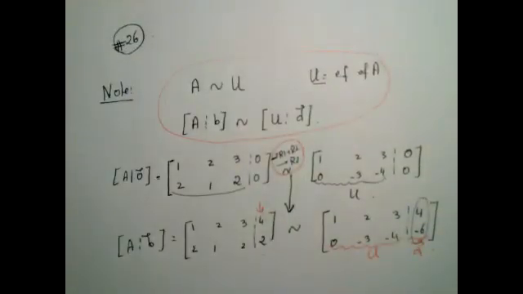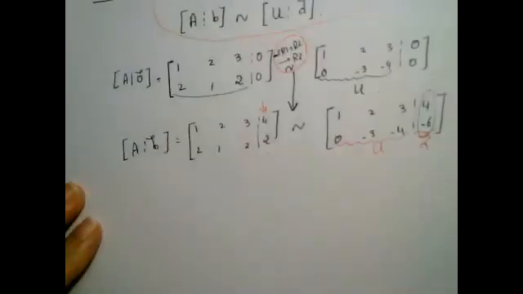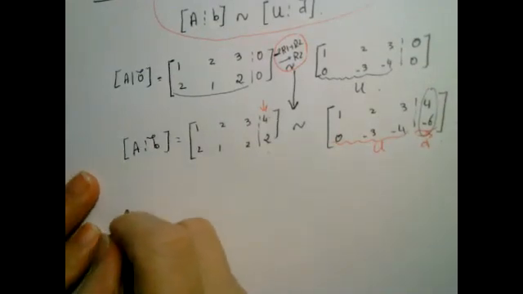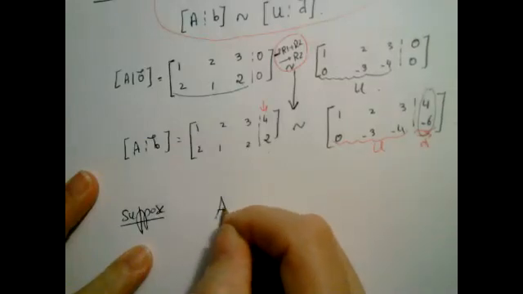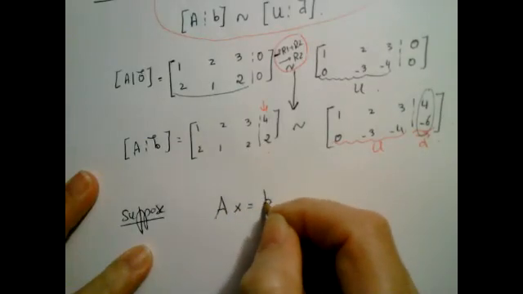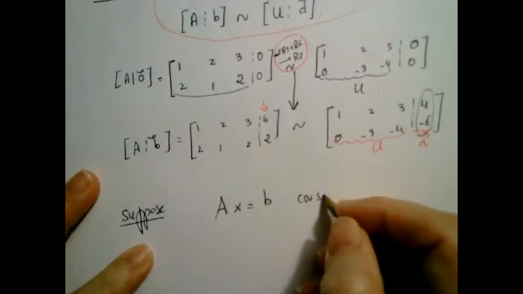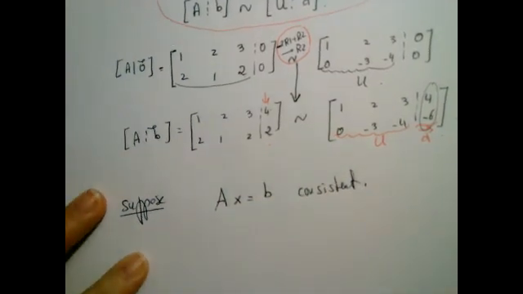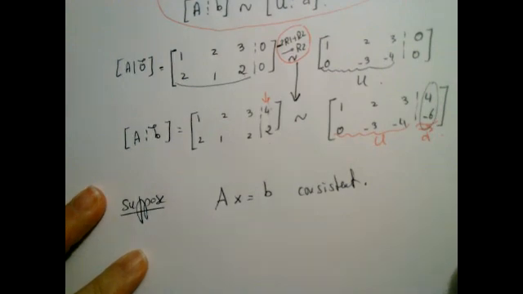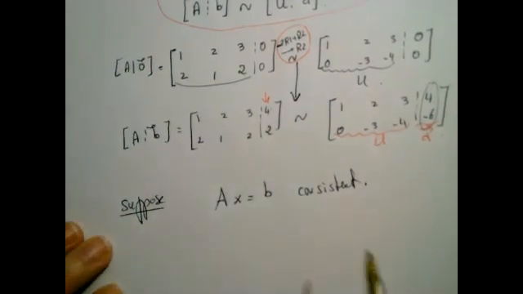So I have a system, and we're going to suppose that AX equal to B, it means when I solve this system it has a solution. So suppose this is given. This is consistent. Explain why the solution is unique precisely when AX equal to 0 has only the trivial solution.